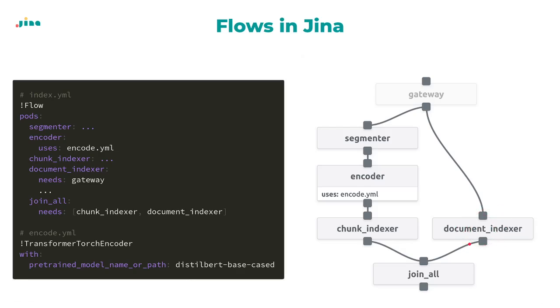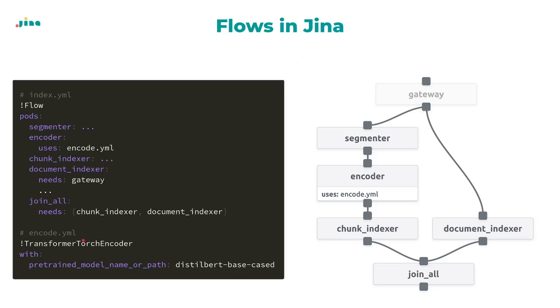These flows can be described in YAML format, like shown on the left-hand side, where you define, okay, I first want to have my segmenter, then I want to have an encoder, which follows the segmenter, then I want to get my chunk indexer, which also follows the segmenter, and I want the document indexer, which follows just the gateway, some virtual step at the very beginning, and in the end I want to join the other two.